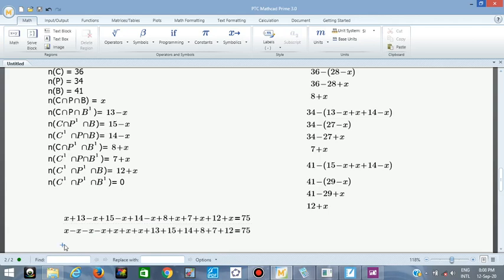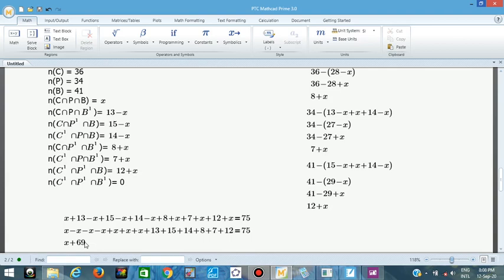So we are going to have x plus, the numbers we have here, let's add them fast, which is 13 plus 15 plus 14 plus 8 plus 7 plus 12, is equal to what? Equal to 69. So this place is giving us 69. So let me delete this and delete this.